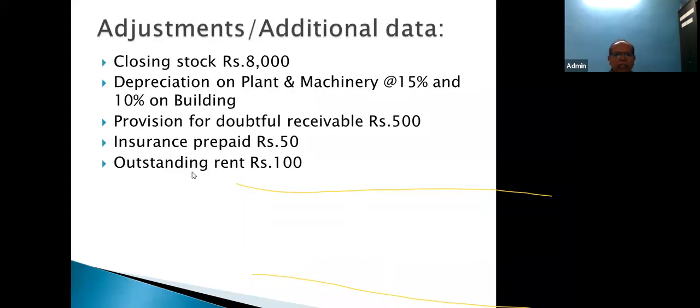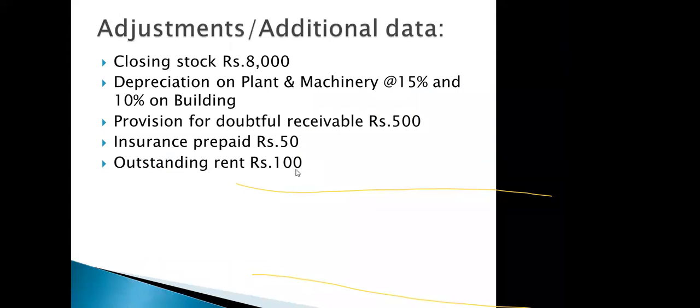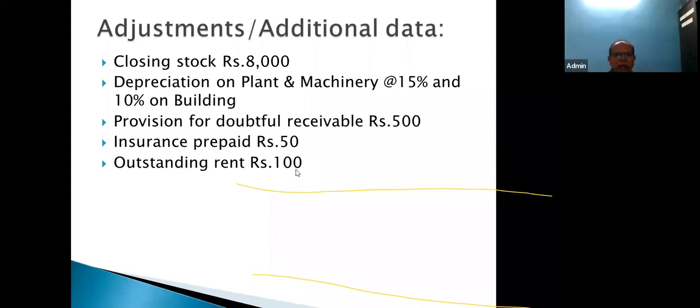And the last adjustment, outstanding rent. Outstanding rent rupees 100. It is completely opposite of prepaid. What will be the first effect, by the way?